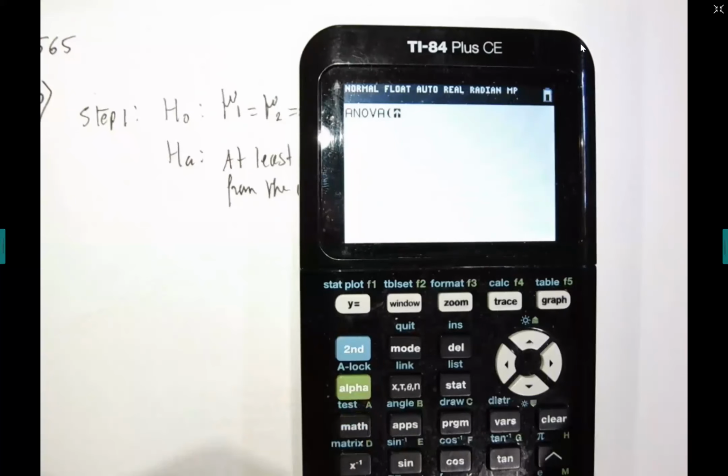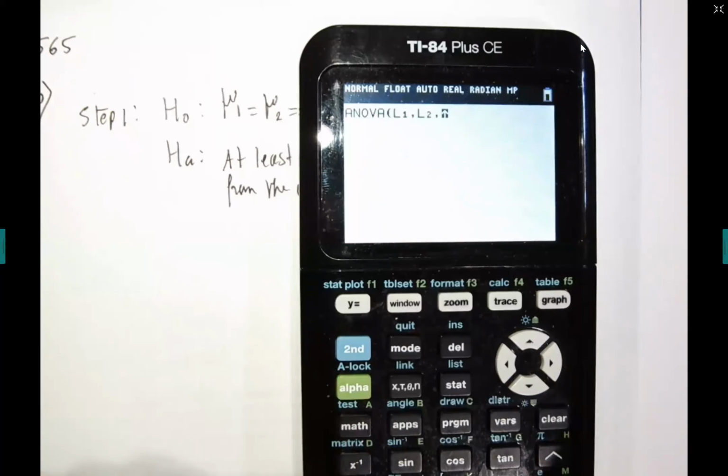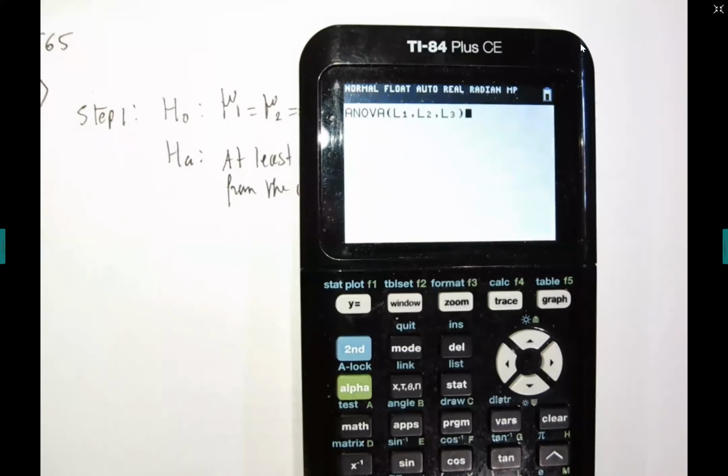So second, number 1. Don't forget the comma, guys. Comma. Second. Number 2. Comma. Second. Number 3. Close. So ANOVA, L1, L2, L3. And then I'm going to hit enter, guys, and I'm done.